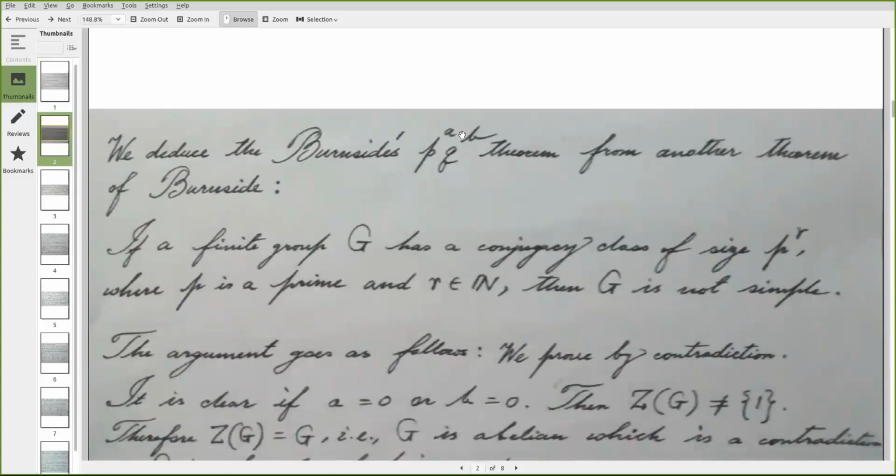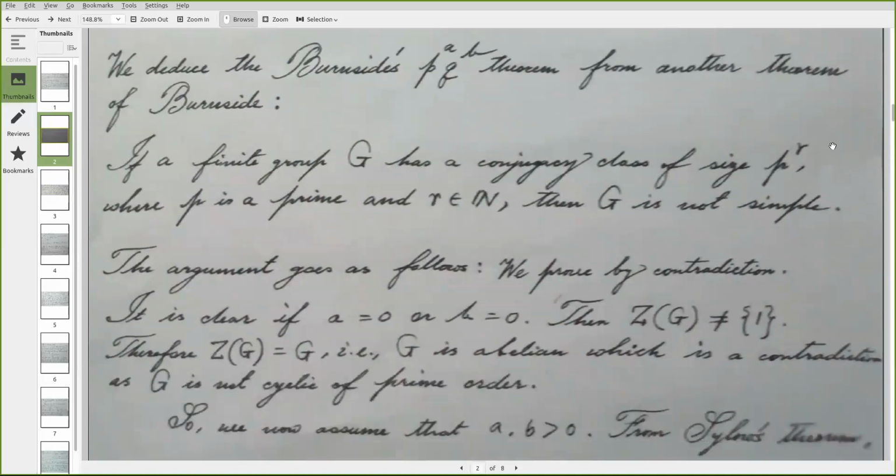You should note that all these theorems of Burnside are actually saying a lot about the structure of finite groups. Then we saw how this theorem yields the Burnside p^a q^b theorem, so we are now left with the proof of this. As I said, we will prove this in the next video. Okay, I stop here.